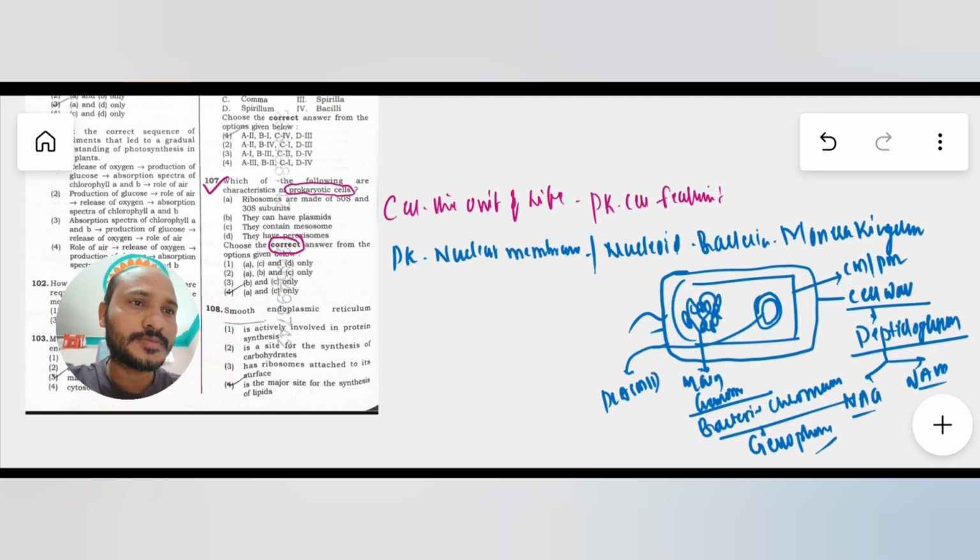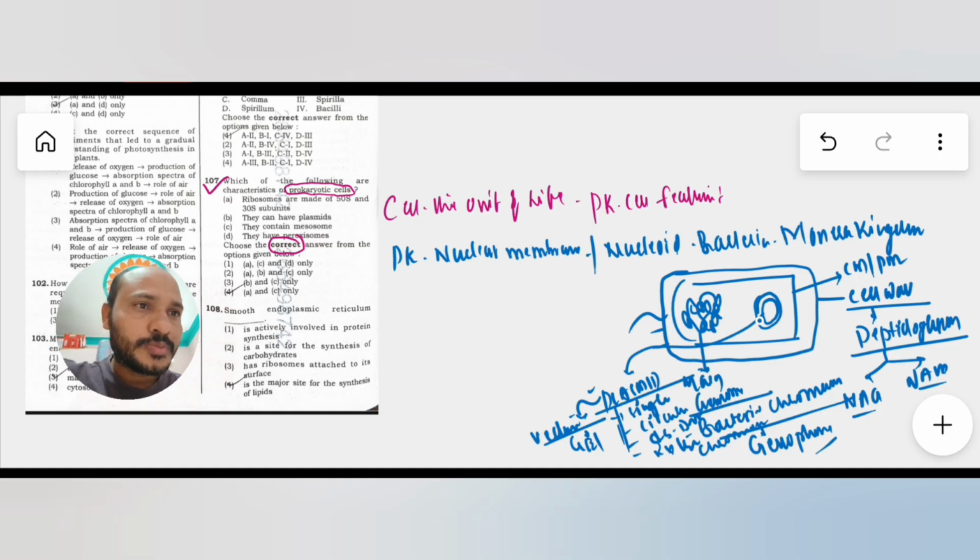So a plasmid is a single, circular, double stranded DNA, and it is an extra chromosome, because the main chromosome is already there. This extra chromosomal DNA helps as a vector, hence we can use plasmids in genetic engineering or rDNA technology.